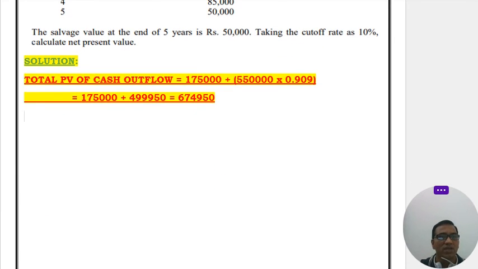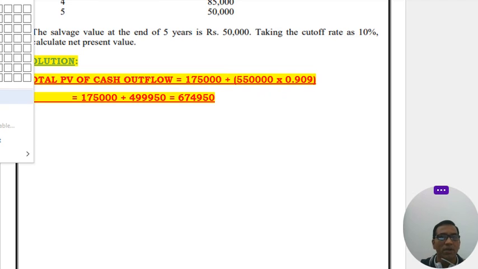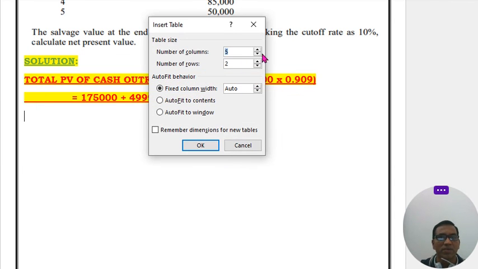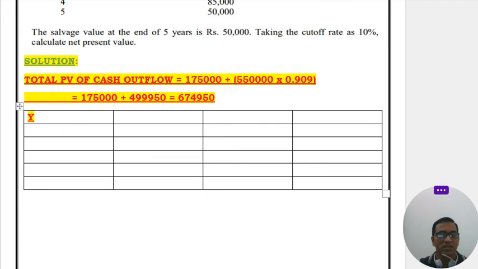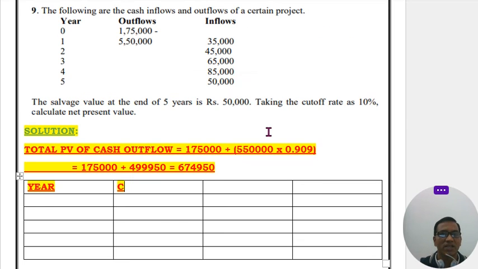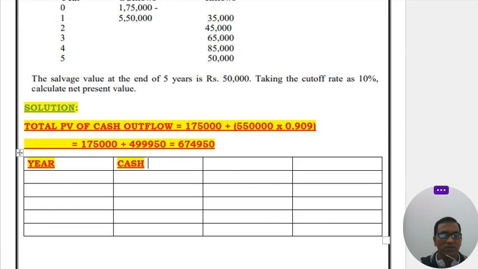Let me insert one table here. 5 years are there, so I will make 3 columns. This is year and this is cash flow, the direct cash inflows, and this is PV at the rate of 10%, and this is PV of cash inflow.